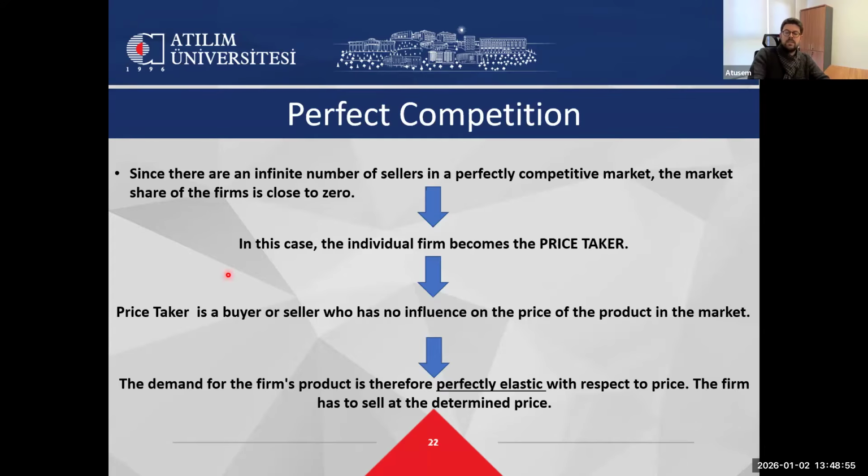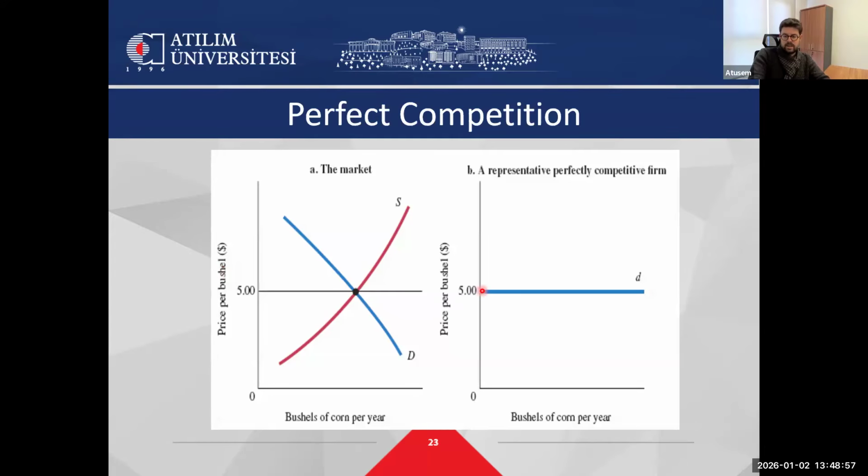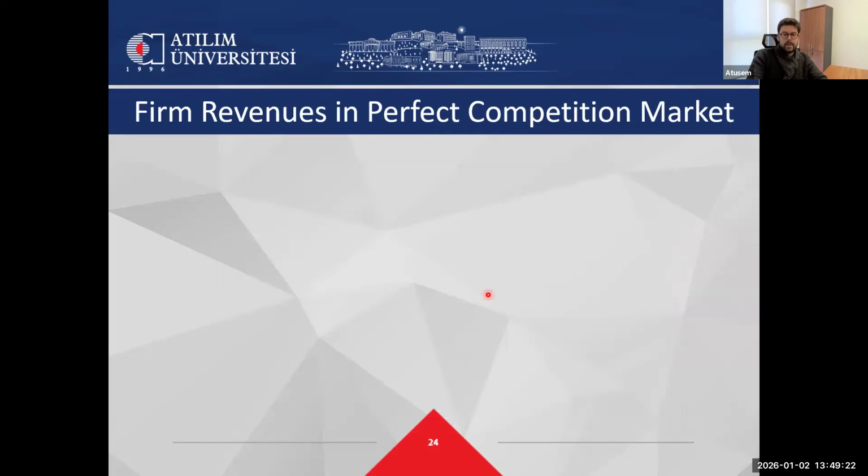That's why the demand shape is like that. Perfectly elastic. So the price determined in the market, the intersection point of the demand and supply curve, that equilibrium price also determines the demand curve of the firm, not the market. Okay. So the demand curve is like that.